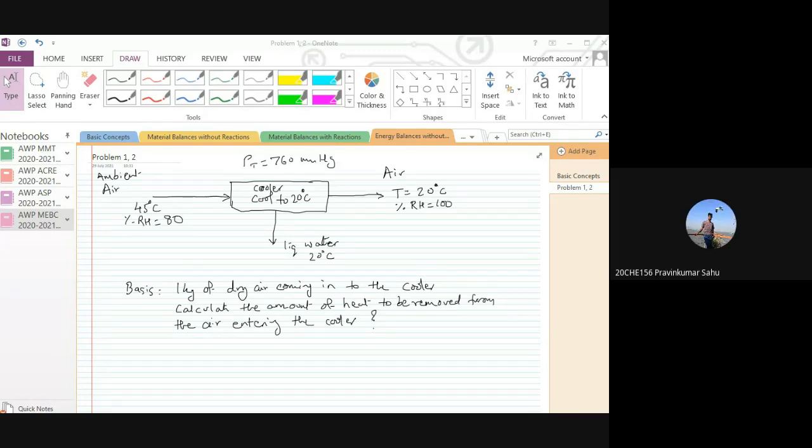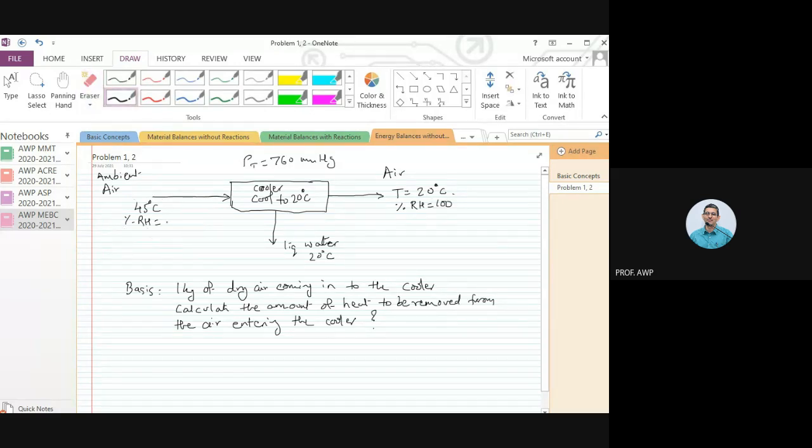Sir, we have to use the ABC values, right? Which you gave in the previous lecture. Good point, Praveen. Don't use the ABC values because the change of temperature is so small. It is just 45 degrees centigrade to 20 degrees centigrade, right? So the change of temperature is very small.